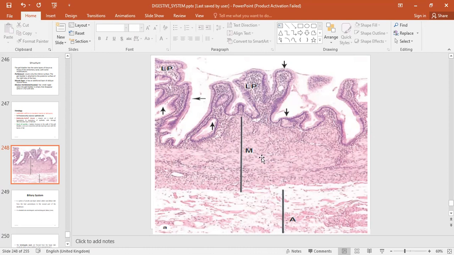Now, the gallbladder has a very thin submucosa, and some books actually say that it is absent. So it's easy to identify this as not being the stomach because it has no submucosa. As you can see, there is just mucosa and lamina propria. Next is muscle. After that is adventitia. So that is the gallbladder.